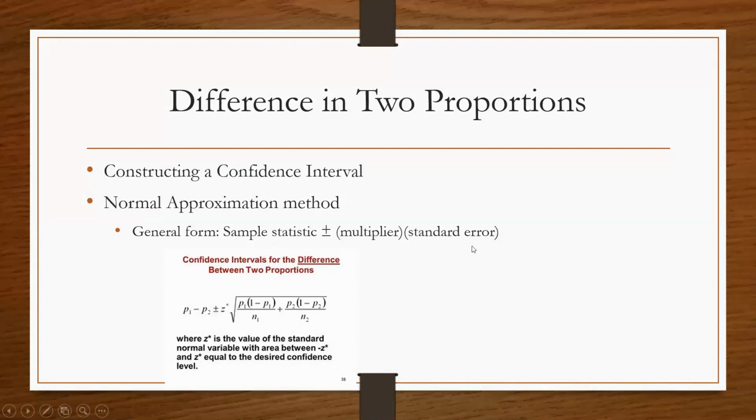And then your standard error is a hideous equation that is just going to end up being complete plug and chug. It's the proportion of the first one times 1 minus the proportion of the first one, divided by the sample size of the first one, plus the proportion of the second one times 1 minus the proportion of the second one, divided by the sample size of the second one. It's really ugly to look at.